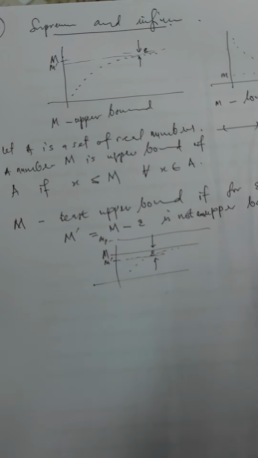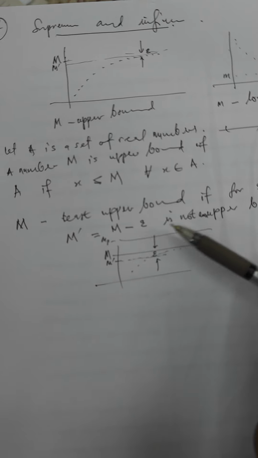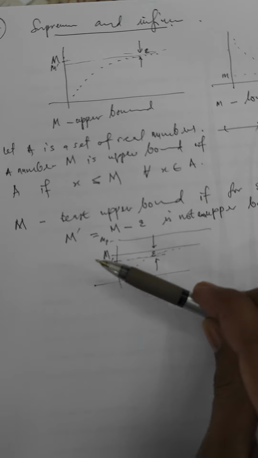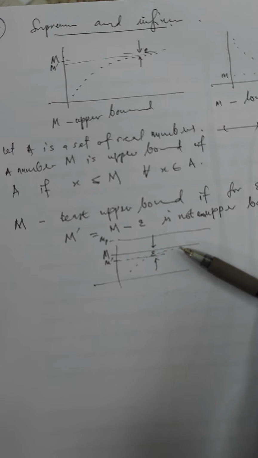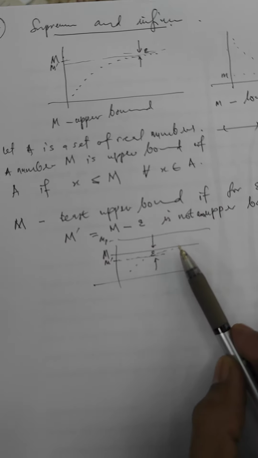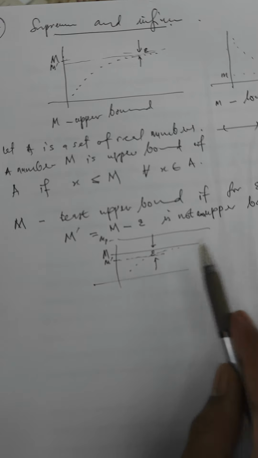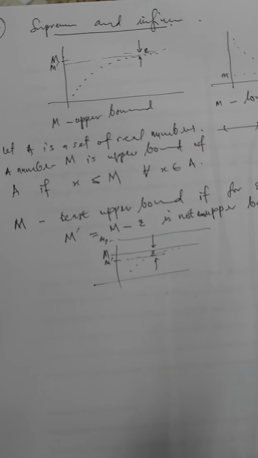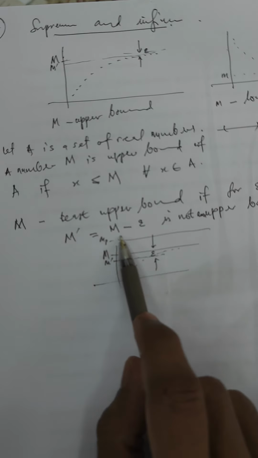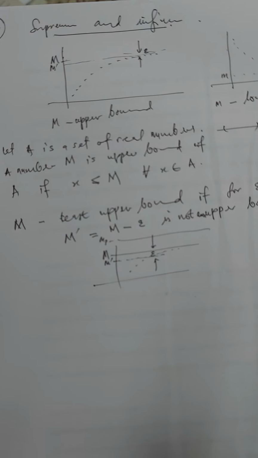But m is still an upper bound. So m we call the least upper bound, as long as there is no element of that sequence exceeding the value of m. So that's why we have this m minus epsilon there.